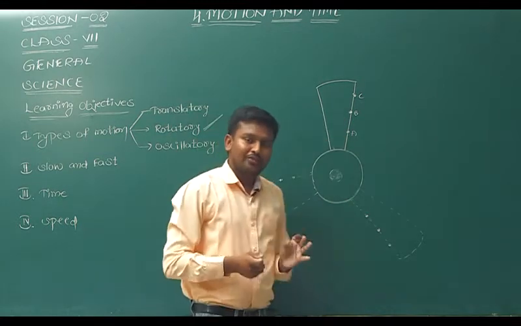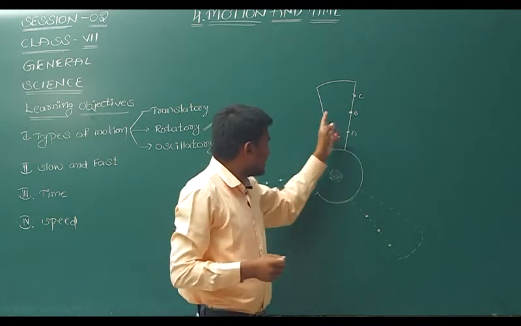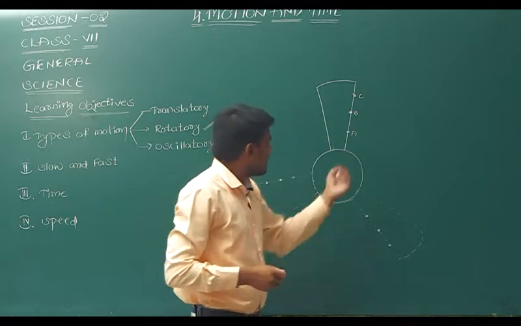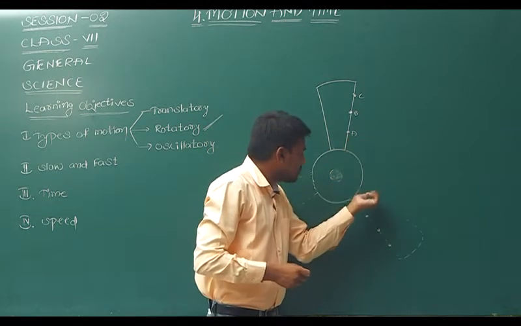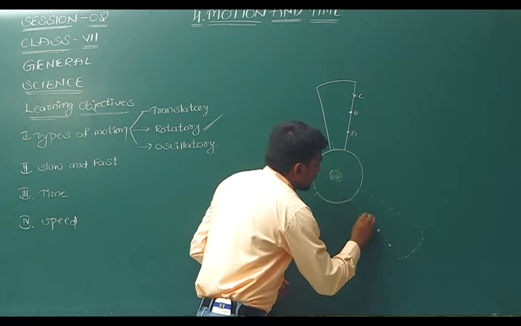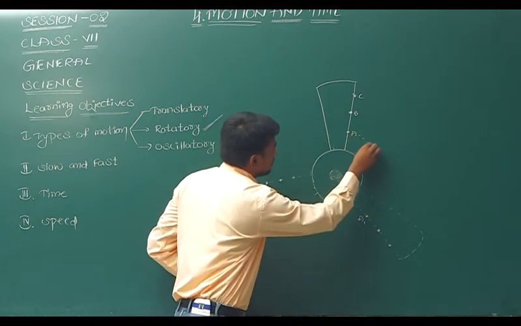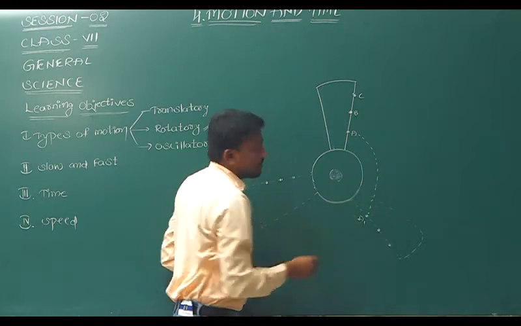Now when we turn on the switch, the blades start to rotate. When they start to rotate, this point A comes to A1 in this way.